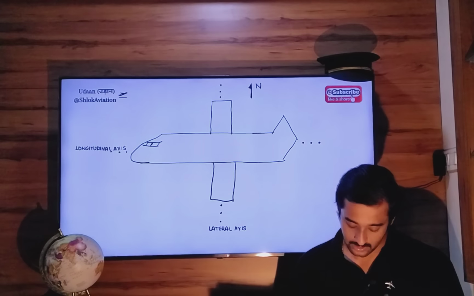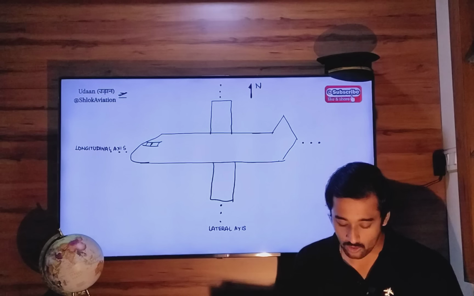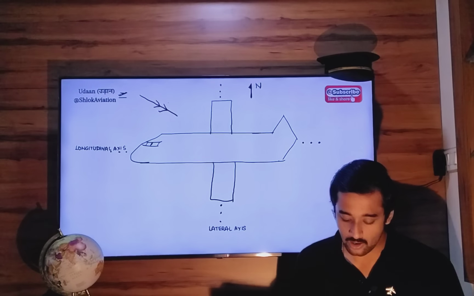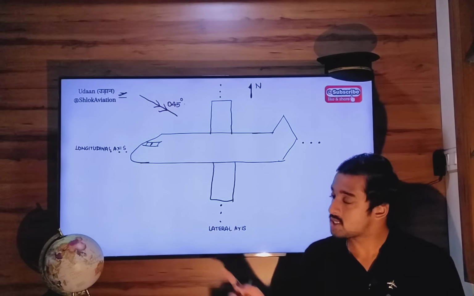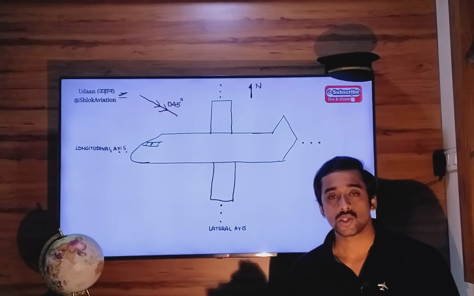So for example, let's say there is an NDB radio signal which is coming at an angle of 45 degrees towards this aircraft. What will happen?